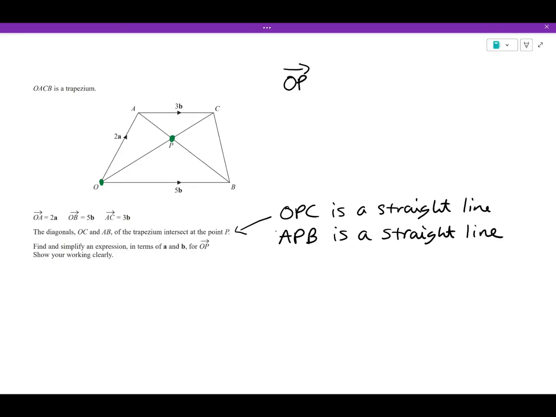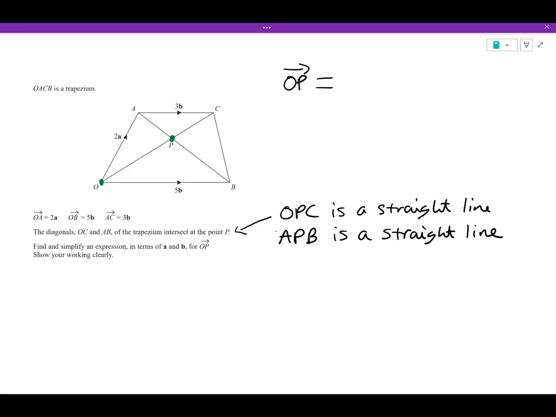What we're going to have to think about is which vector do we know is parallel to O to P, the vector we're trying to find. Well, O to P is on the straight line O to P to C. Therefore, any vectors involving that straight line must be parallel. So O to P is parallel to P to C, and O to P is parallel to O to C. Now I'm going to use O to C because C is one of my vertices and we have a lot of information linking up the vertices in this shape.